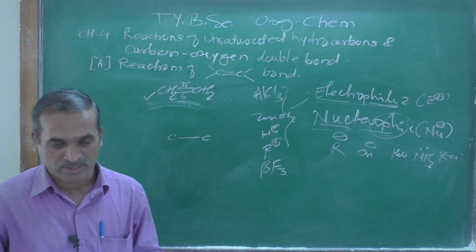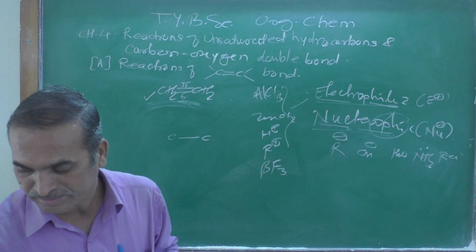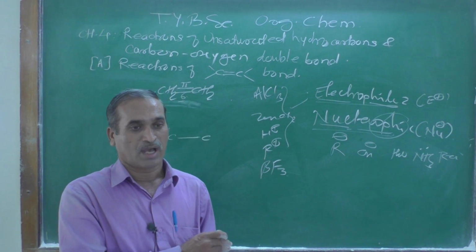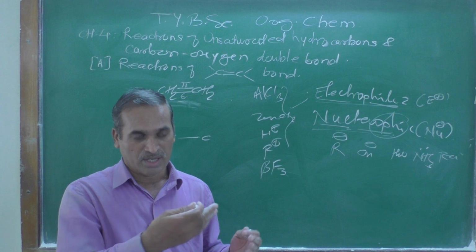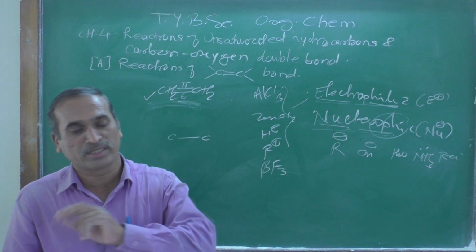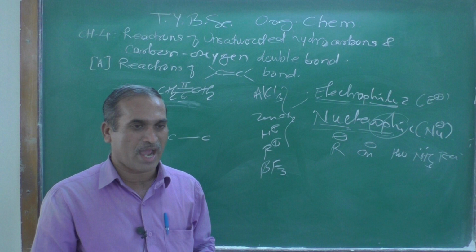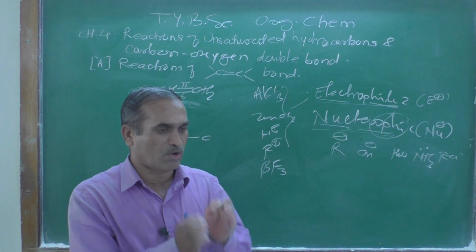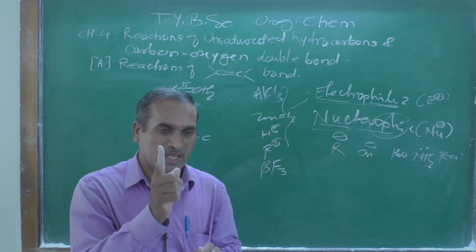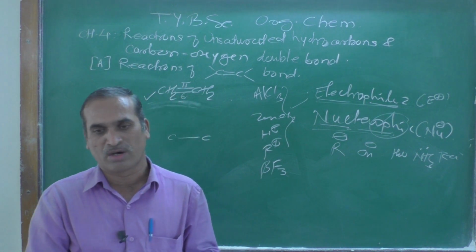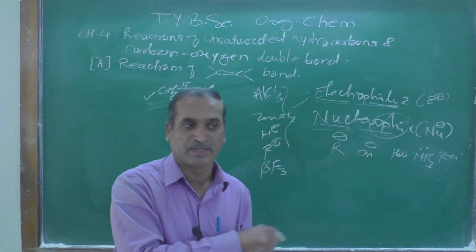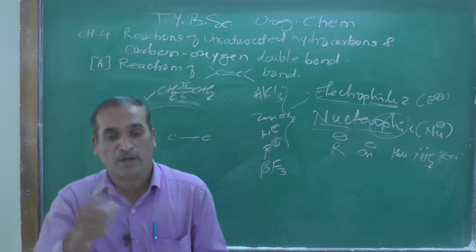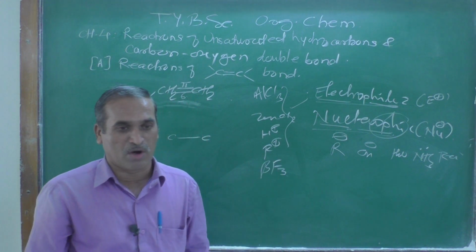And now, whenever an addition reaction takes place, just now we have seen how the substrate is converted into a saturated compound, and if you observe this reaction carefully, what do you see there? There is a breaking of one sigma bond, a breaking of one weaker pi bond, and forming two new sigma bonds.